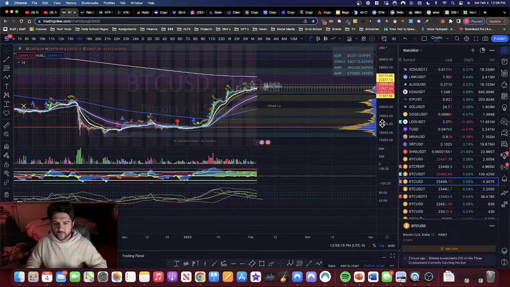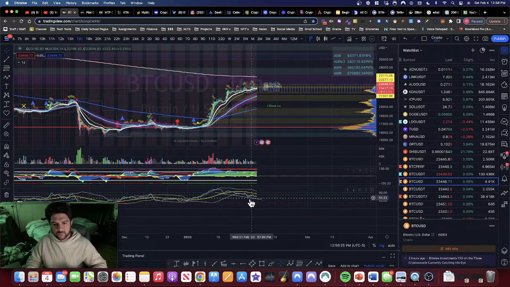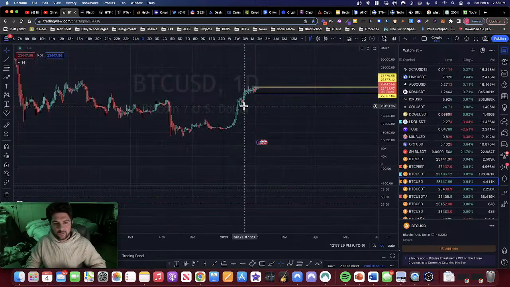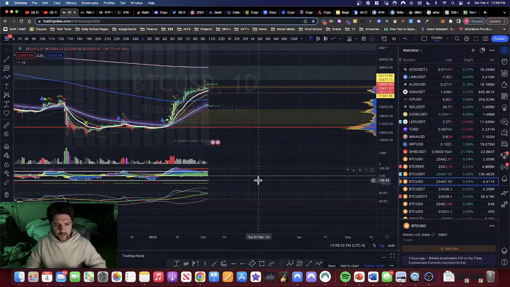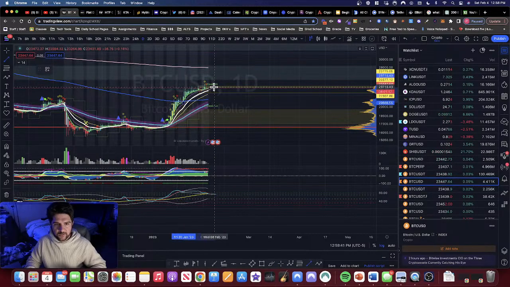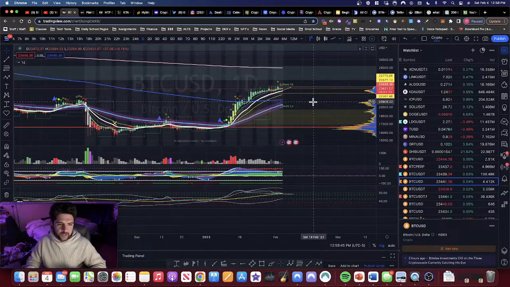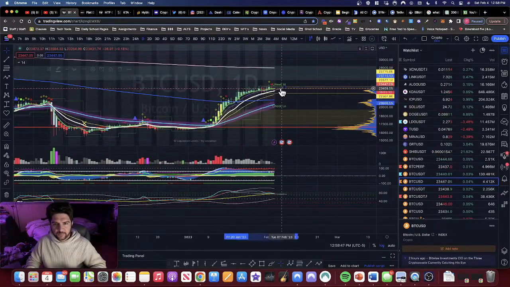In order to confirm that, here's your touch, you can't break 20,500 on the 16-hour time frame for that hidden bullish to play out. Now on the daily, again, you have lower highs and higher highs, relative to the price at the moment. Relative price index.